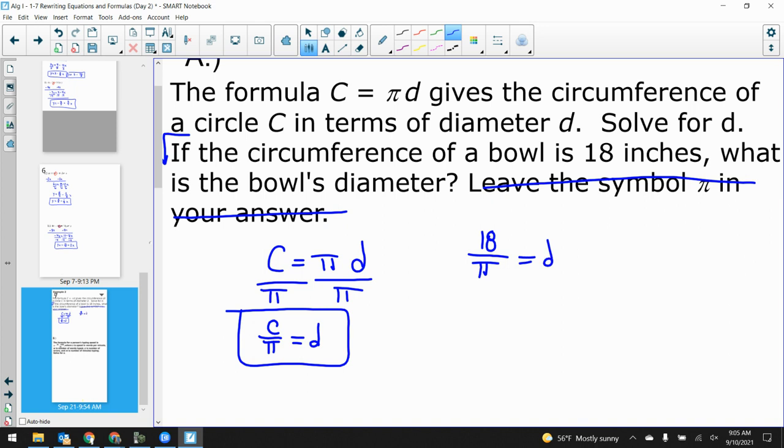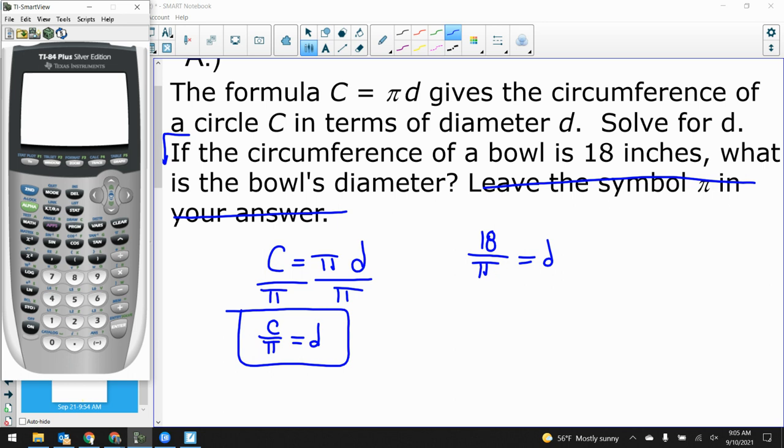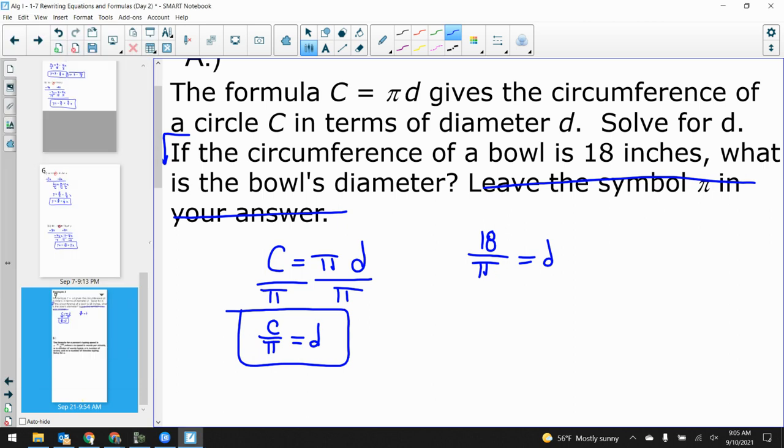And I'm going to strongly encourage you guys to, instead of using just 3.14, use the pi button that's in your calculators, because that's the unrounded option. 18 divided by pi. 5.73 is our diameter. 5.73 inches. That's the bowl's diameter.